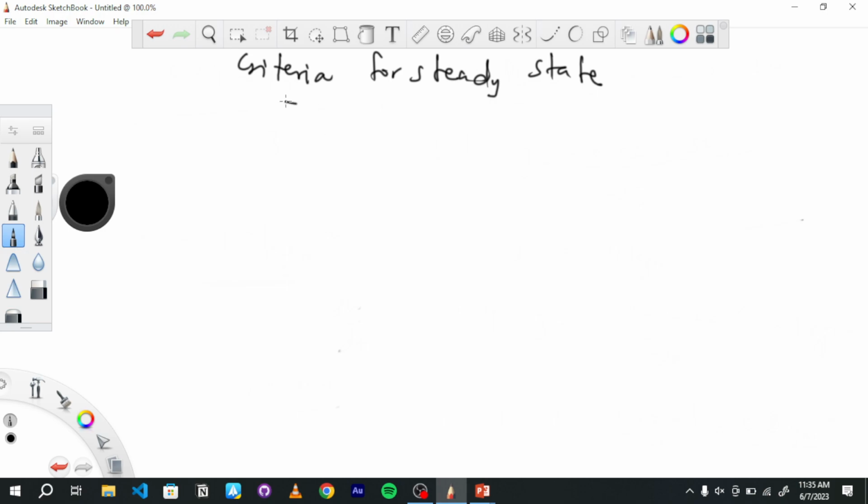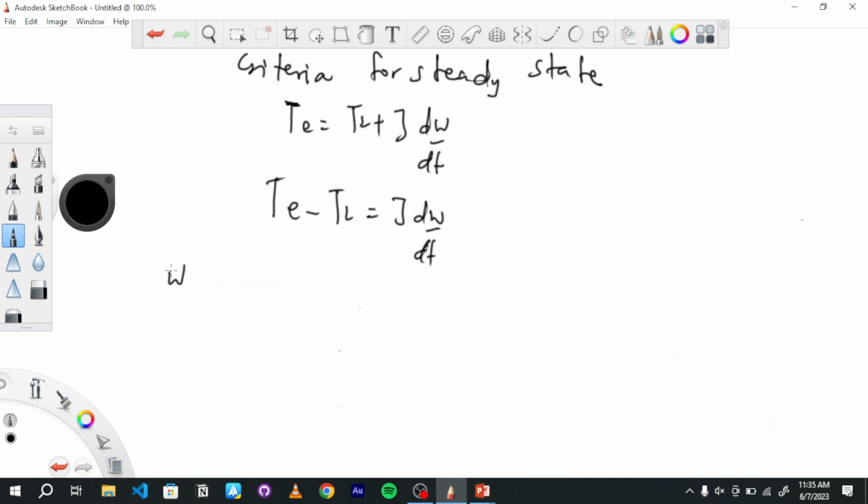So we said that the equation of motion is TE equals TL plus J d omega dt. Let me bring TL here. TE minus TL is equal to J d omega dt. Now in a case where TE is equal to TL, this difference will give me 0. 0 is equal to J d omega dt.